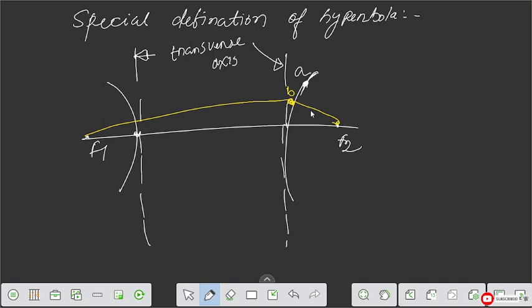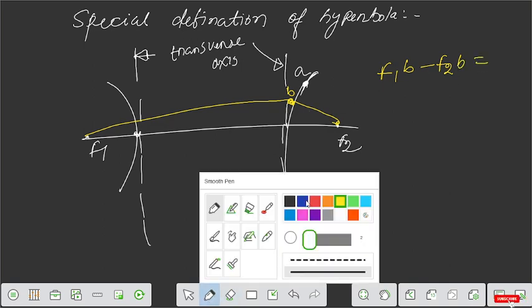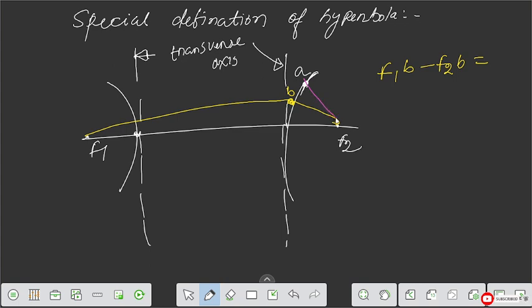So the difference of the distances, that means F1B minus F2B, is equal to, for another point A, F1A minus F2A, which is constant. And this value is equal to the length of the transverse axis.